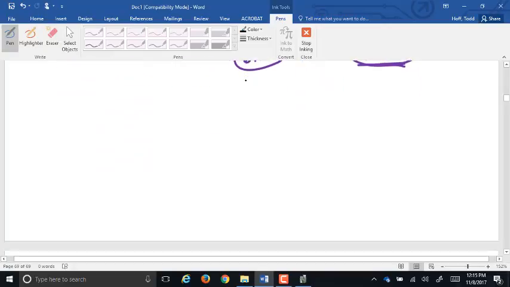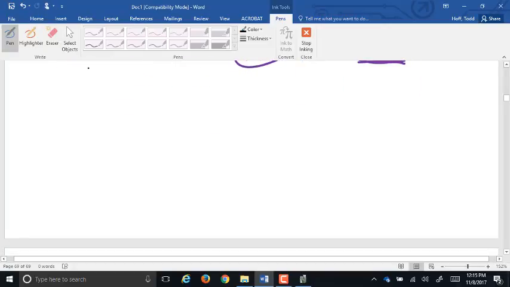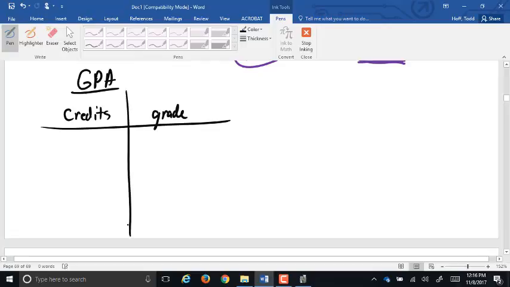One of the examples is GPA. Let's say that you have different classes. You have credits and you have your grade in that class. Let's say you have a 4-credit class, a 4-credit class, a 2-credit class, and a 3-credit class. And I'm going to keep it simple. I'm not going to use pluses and minuses.